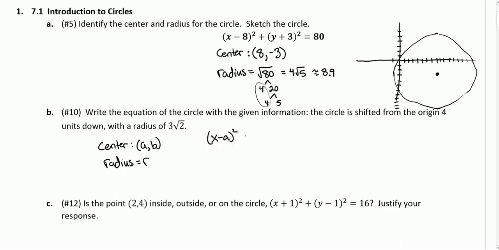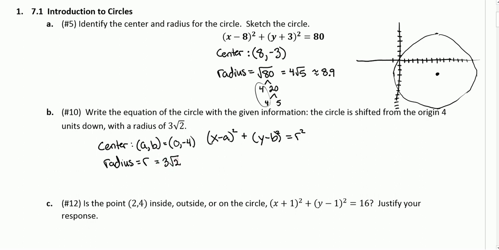And our general form of our equation, if we have a center a, b, and a radius r, is going to be x minus a squared plus y minus b squared equals r squared. So we know our center, because we shifted 4 units down, is going to be at 0, -4.